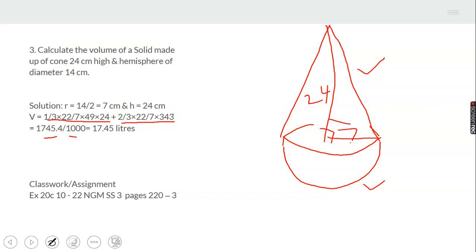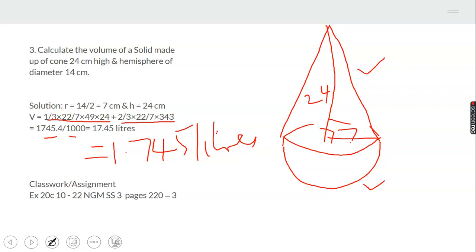And the answer will be 1.74 liters. That's our answer.